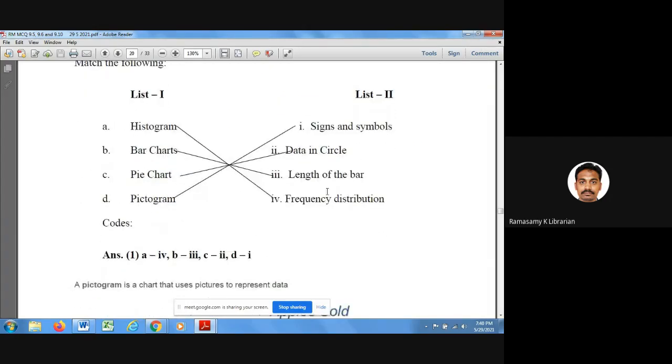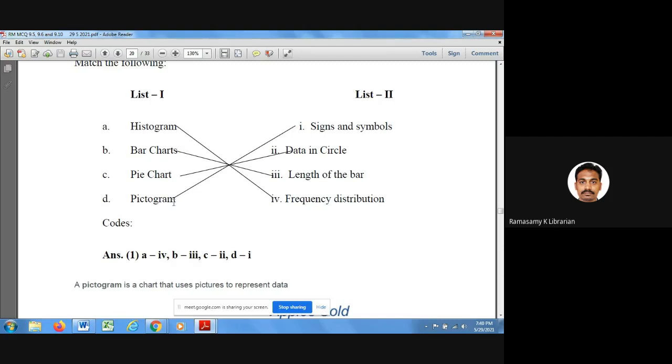Next one, you have to match the various charts. Histogram, I told you it is about the frequency distribution. Okay. You can have frequency distribution shown in histogram. Then bar charts, it's called length of the bar. You got different lengths of bars in bar chart. Then pie chart, data in circle. You take a circle, you divide it into various fractions. That is a pie chart.